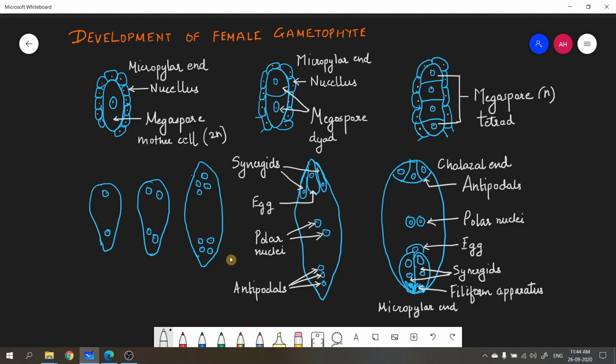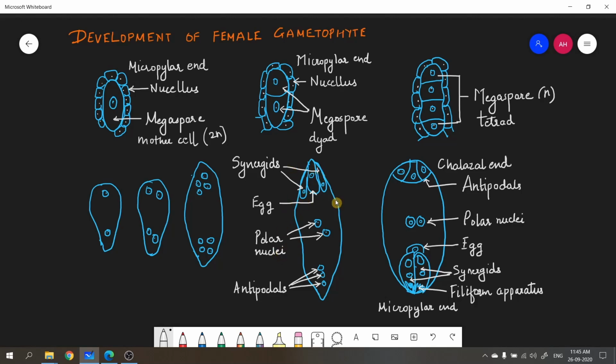Now what happens next is from the 4 nuclei at this pole and from the 4 nuclei at this pole, one nucleus migrates to the center to form the polar nuclei. If you can see in this diagram, yes, out of the 4 nuclei at this pole, one of them has migrated to the center, and out of the 4 at this pole, one of them has migrated to the center. Now these 2 nuclei are called polar nuclei.